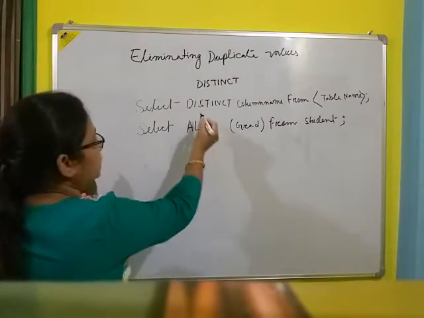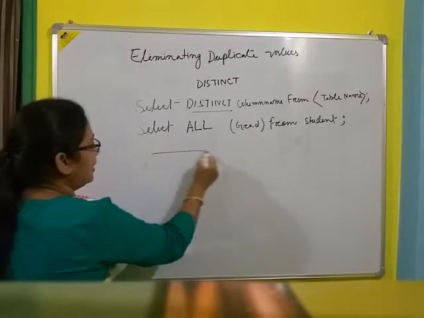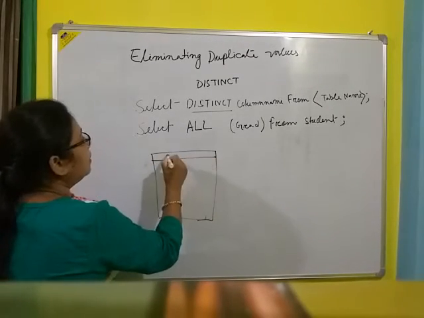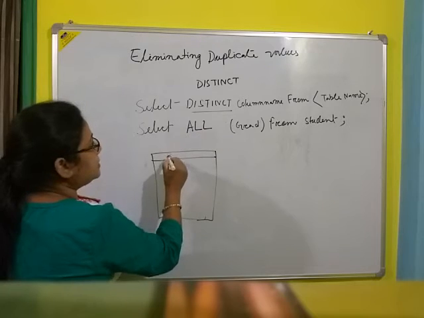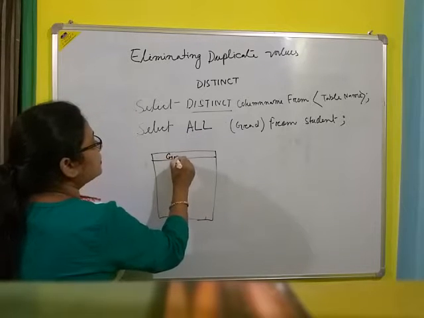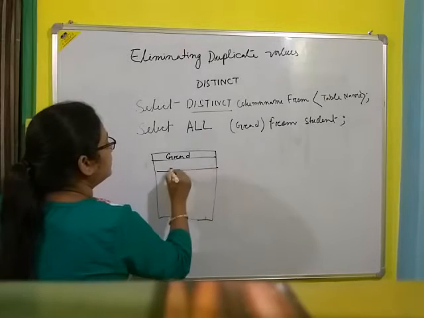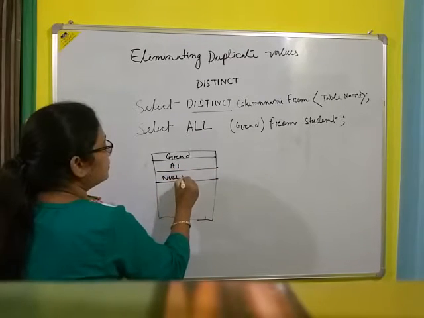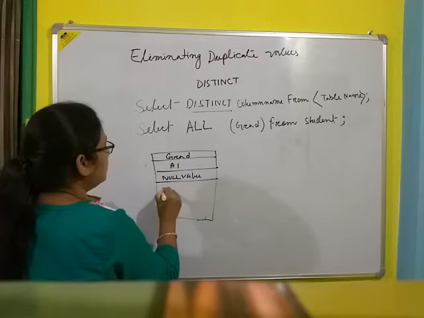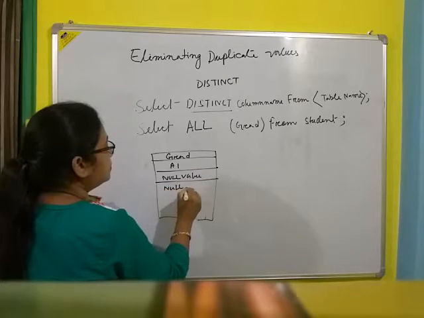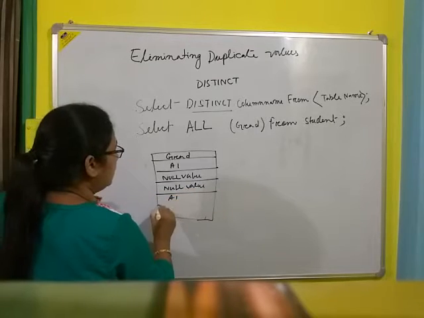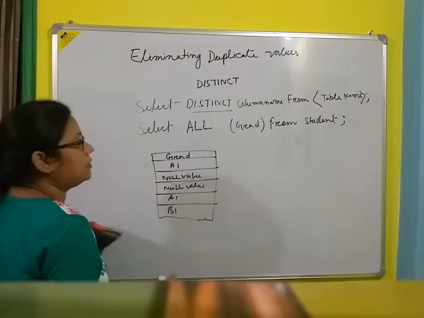So when you use the distinct command, the computer displays the field name grade, that is A1, after that null value, and B1.